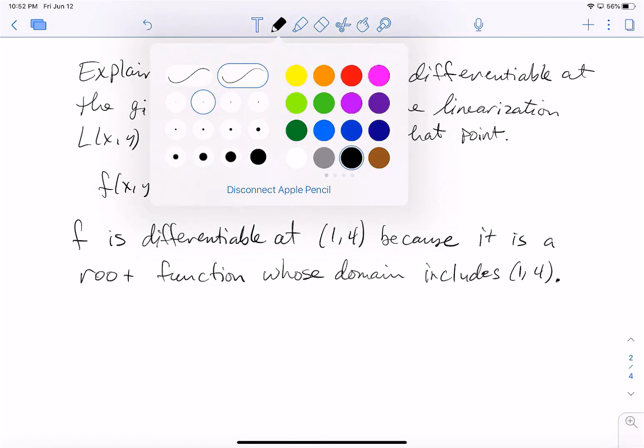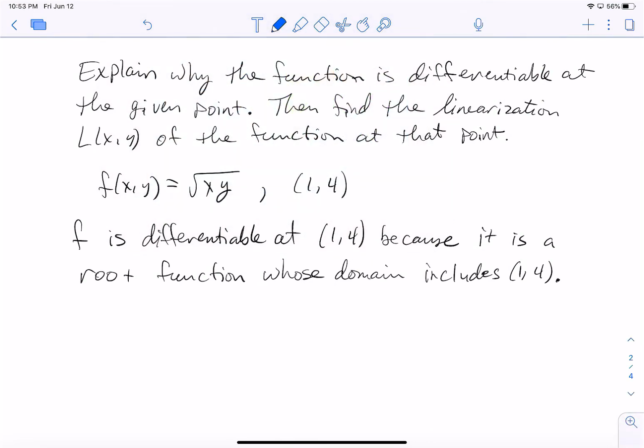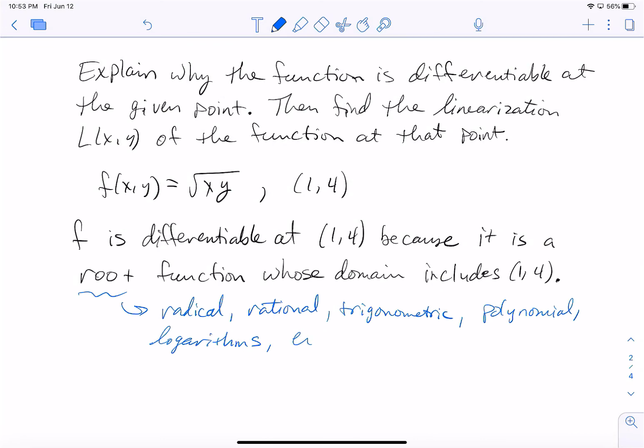You do get to simply declare that: root functions, radical functions, rational functions, trigonometric functions, polynomial functions, logarithmic functions, and exponential functions, and algebraic combinations of these.